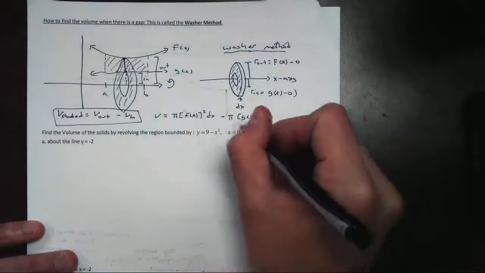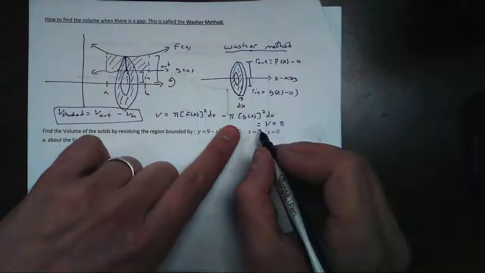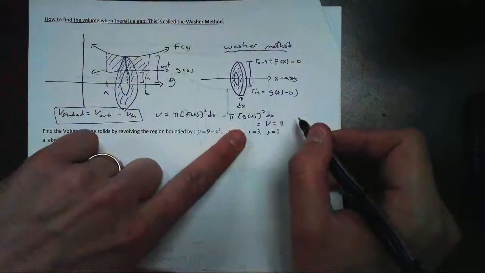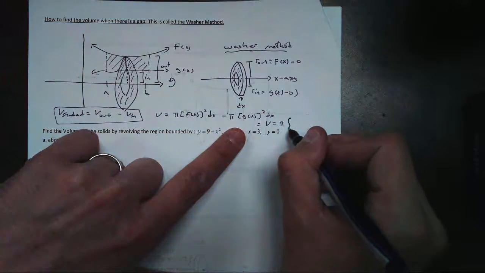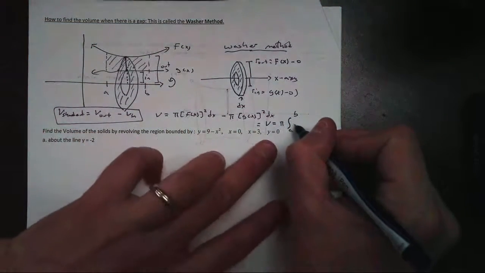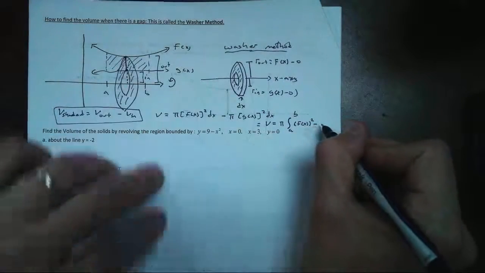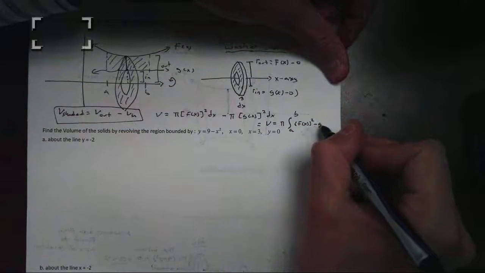So when I simplify this, I get volume equals, they both have a pi and they both have a dx, so I'm going to integrate this from a to b. I factor out the pi, and what I'm left with is f of x squared minus g of x squared. And don't forget the dx.